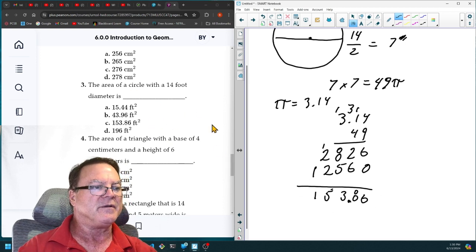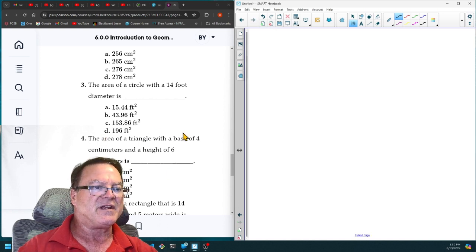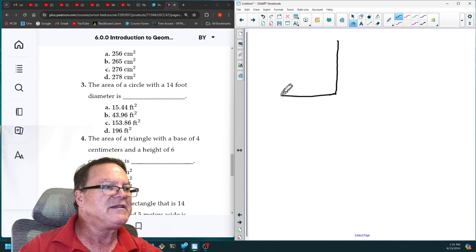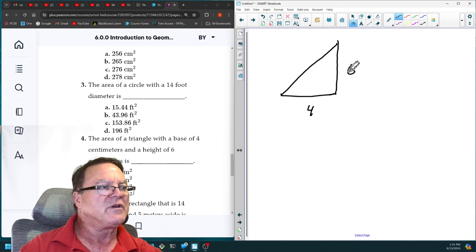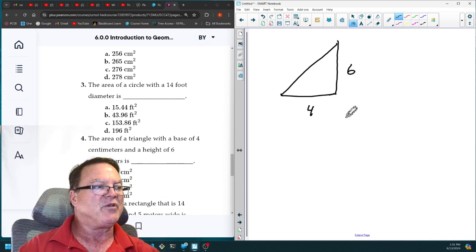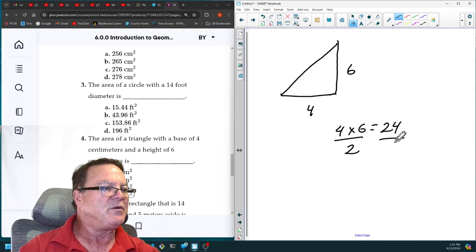All right, very good. Let's take a look at the next one here. It says the area of a triangle with a base of 4 centimeters and a height of 6 centimeters. Now, they didn't tell us what the angles are, but that's okay. We don't really need to know the angles. As long as we know the base and the height, we can multiply 4 times 6 equals 24, and the whole thing gets divided by 2.